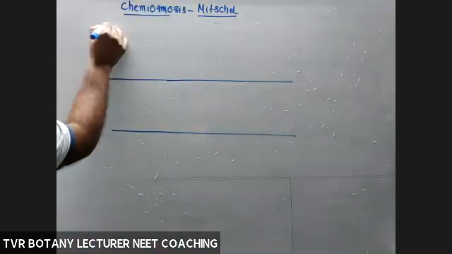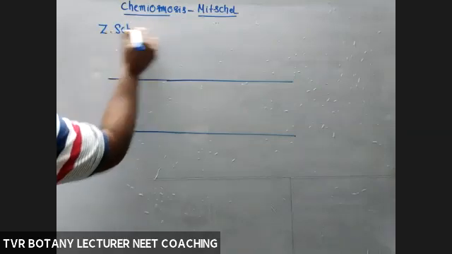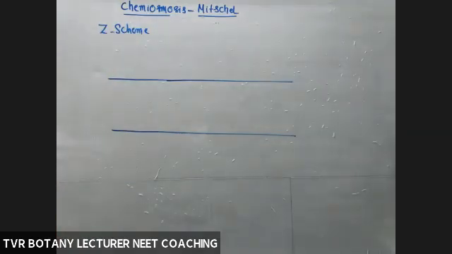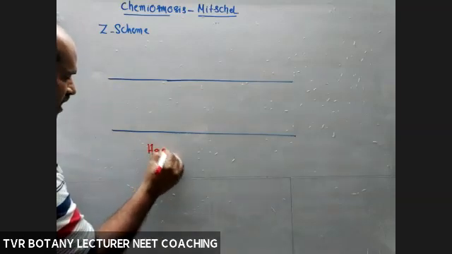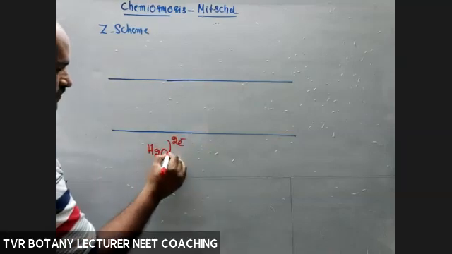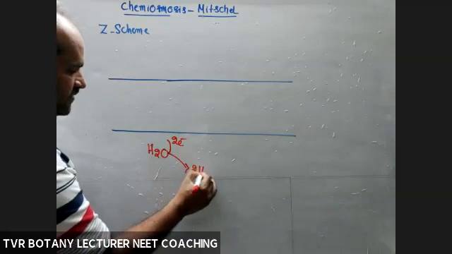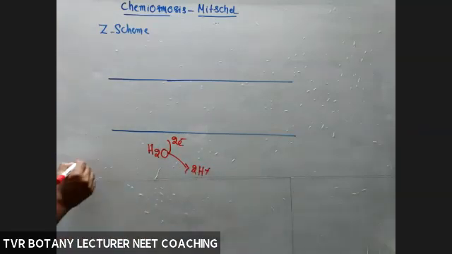So this is a Z scheme, non-cyclic photophosphorylation. So take now one H2O molecule. One H2O molecule is photolyzed: 2 electrons, 2H plus. So photolysis of water is within the lumen. This is lumen part, lumen.